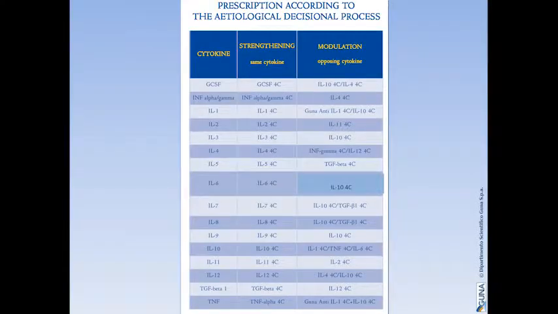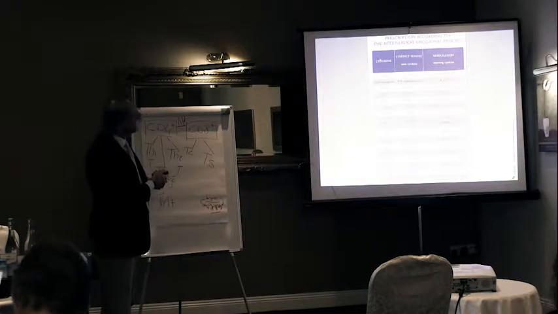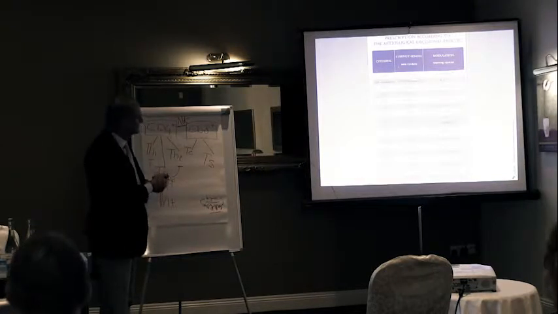This is the table we refer to also in clinical management. This is the result of over 15 years of study. You can see that in this column we have the different interleukins.